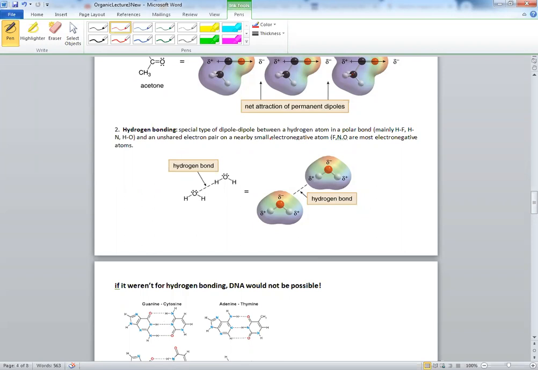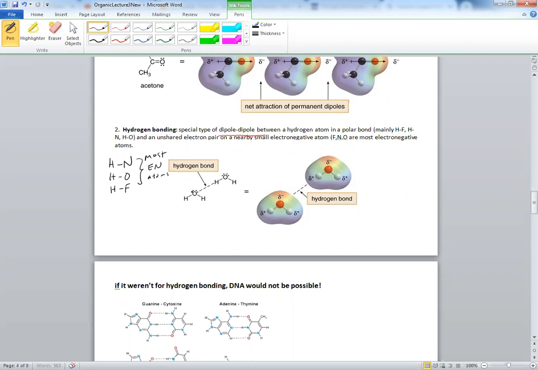This one is really a special type of dipole-dipole, except what you have here is H attached to N, O, or F. These three atoms are the most electronegative atoms. So the intermolecular force is very, very strong.